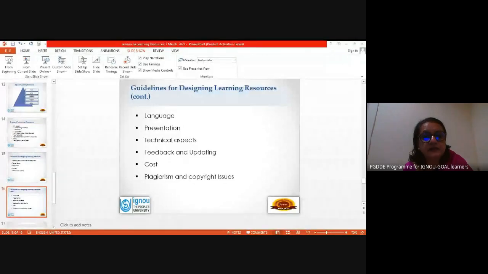Then another aspect is that of the cost. We spoke about affordability, and we had a long discussion about the cost of resources. So I don't need to repeat myself, but just to say that when you are doing that design, do not expect your students to spend too much money on building a resource.